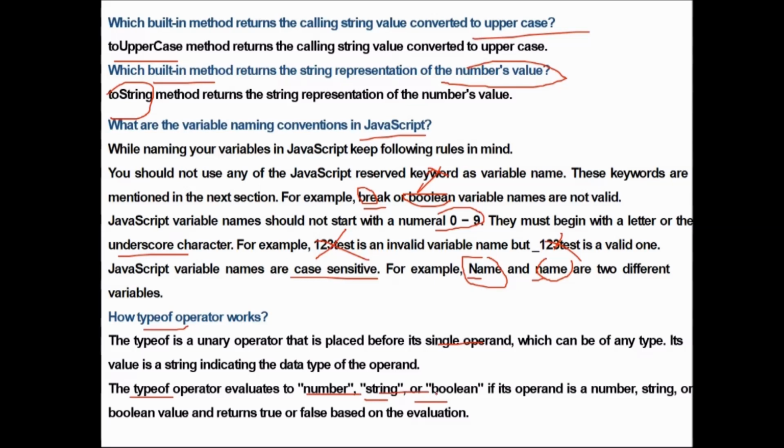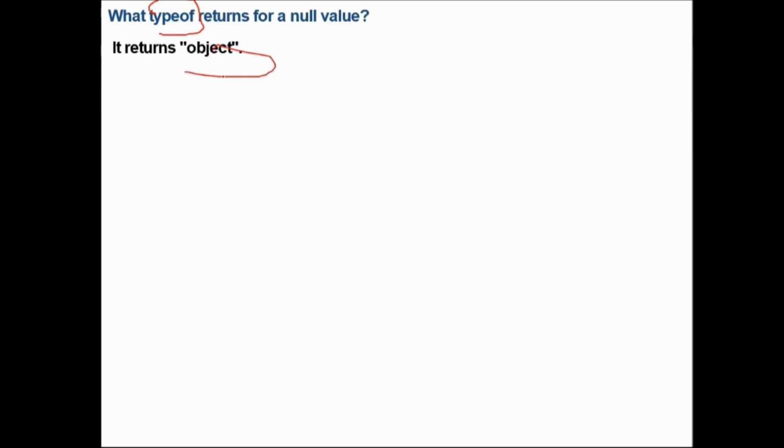Then you may be asked what typeof returns for a null value. We have just seen the earlier question. So what does typeof return for a null value? It returns object.